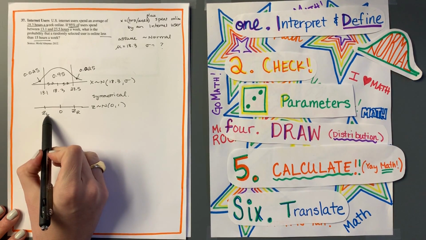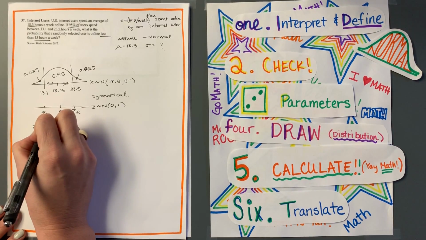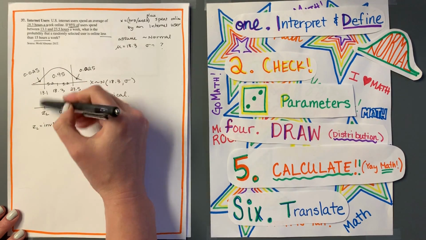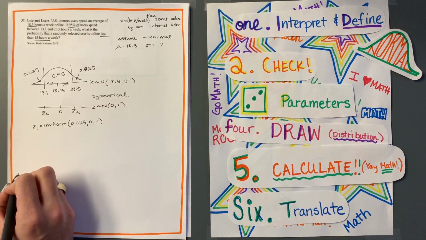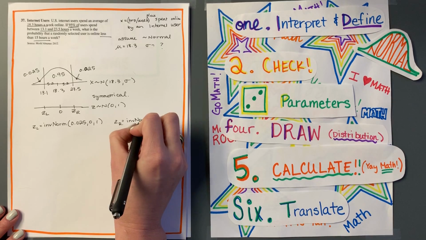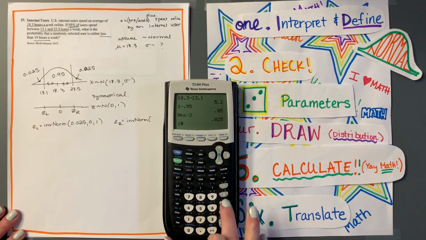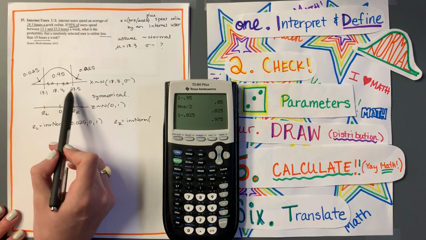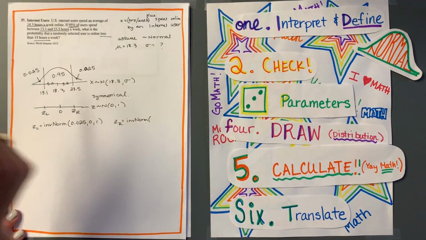So if I want to find z left, I'm going to say that z left is the inverse norm of the area to the left of z left, which is 0.025, 0, 1, and z right is inverse norm of 1 minus 0.025, which is 0.975. So the area to the left of this value is 0.975.